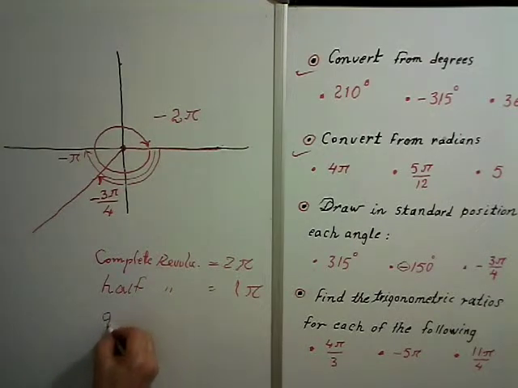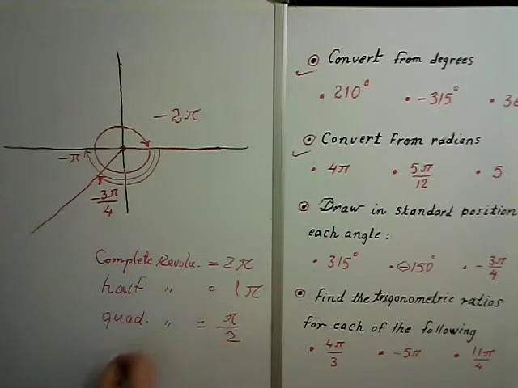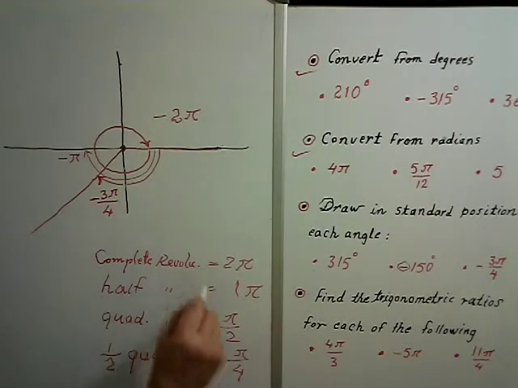Only one quadrant is pi over 2. And half a quadrant is pi over 4. So it's very useful to remember these things.